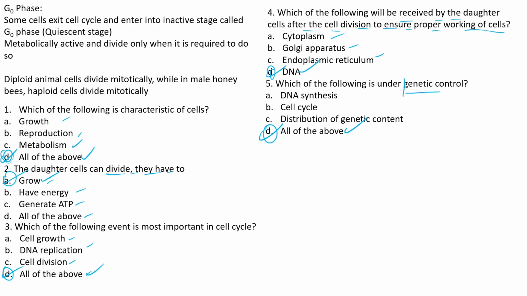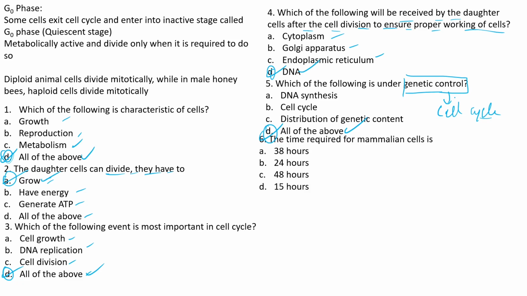Remember, genetic control controls every activity of the cell, including the cell cycle. Yes. The time required for mammalian cells in the cell cycle, I forgot this point. The time required for mammalian cells to divide, let me write this.